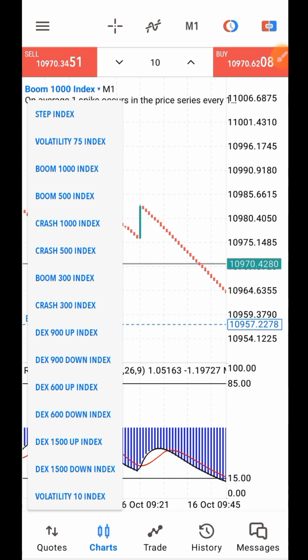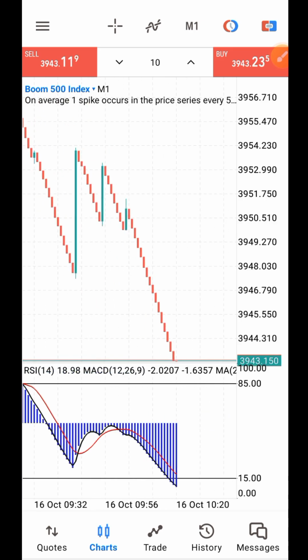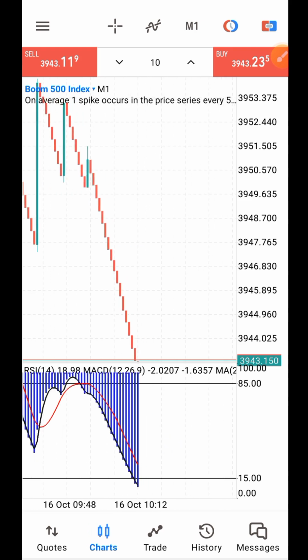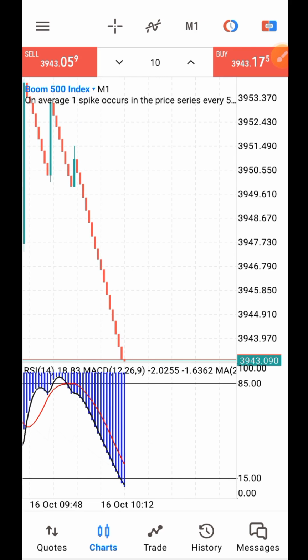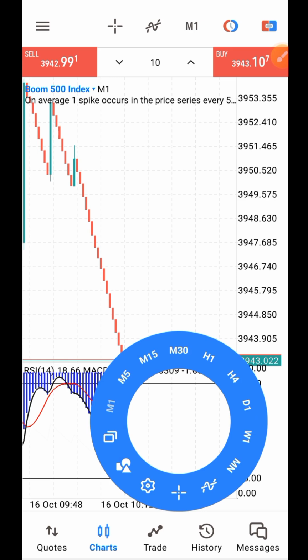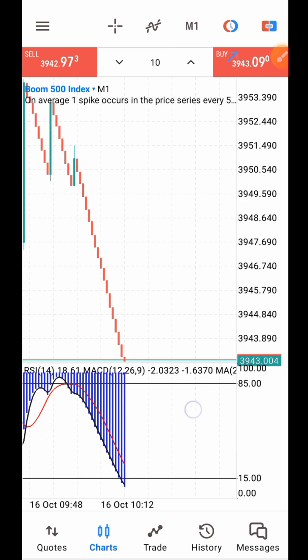You understand? Let's check Boom 500. So I think we have a signal already on Boom 500. Fine. This is something I want to also explain. If you want a very good, accurate signal, wait for this MACD to enter below 15, and this red moving average to enter below 15.